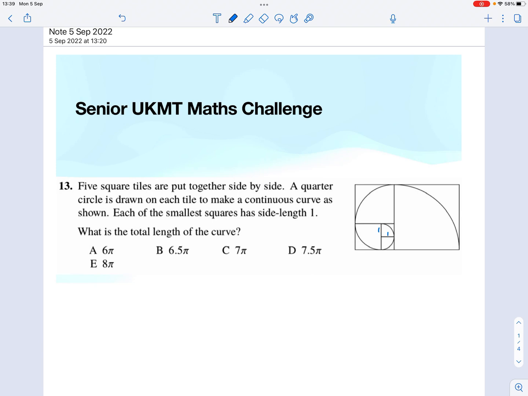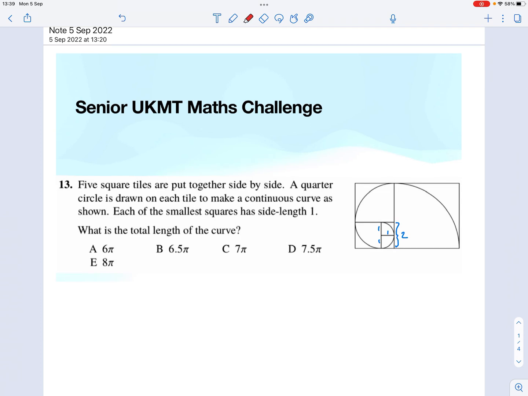So if we put that on the diagram, so that's the length of 1, that's the length of 1, that's the length of 1. Okay, you can see this one will have a length of 2, right? Okay, so that means that square is a 2 by 2 square.